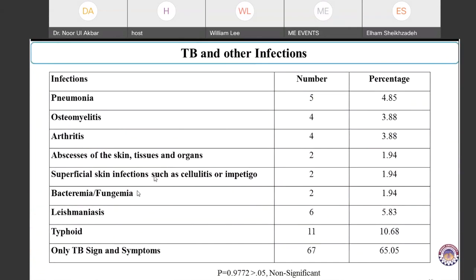These are the infections. Other infections were also observed in the patients, which were pneumonia, osteomyelitis, arthritis, abscess of the skin, superficial skin infection, bacteremia, fungemia, leishmaniasis, and typhoid. And 67 patients only had signs and symptoms of TB.